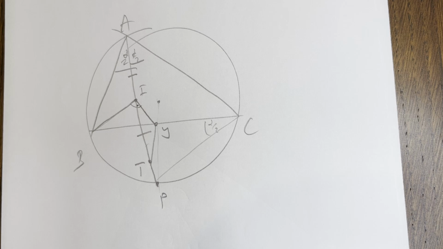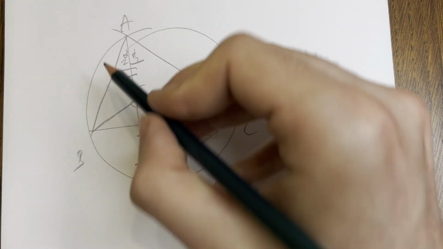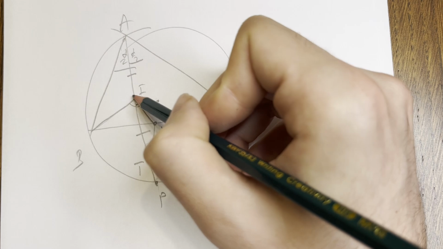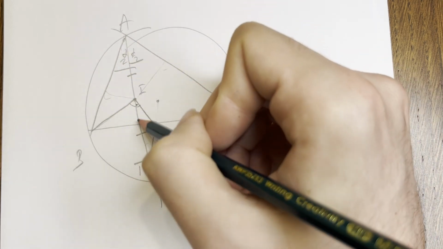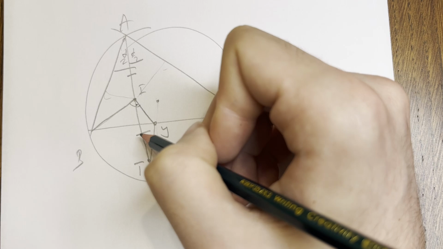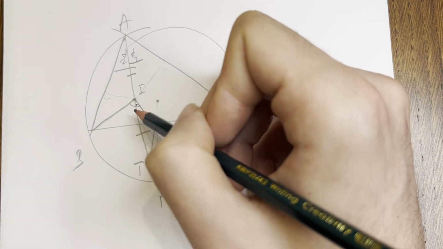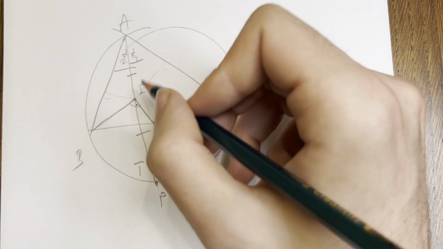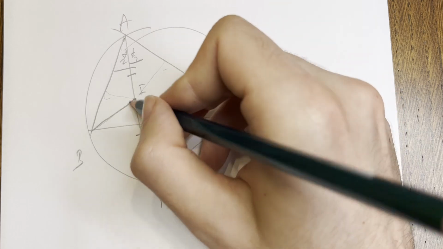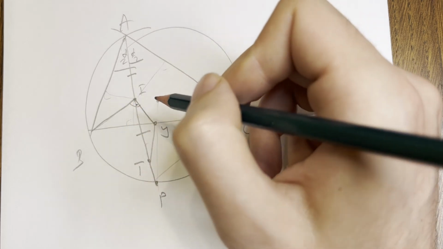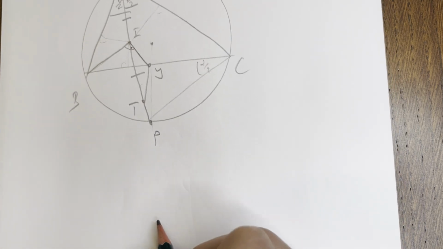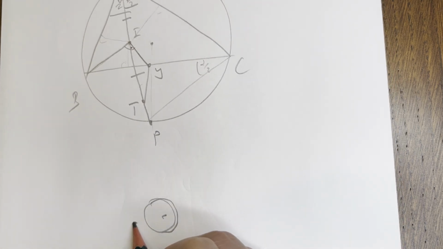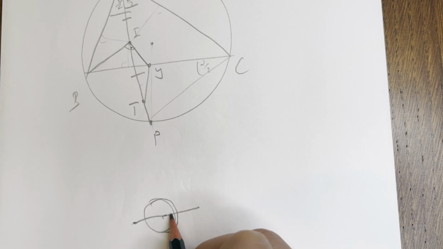Now let's think about what we just did. We reflected A, which had the incircle, with respect to the center of the circle. So you have a circle with some center, you have a point, and you reflect it with respect to that center.